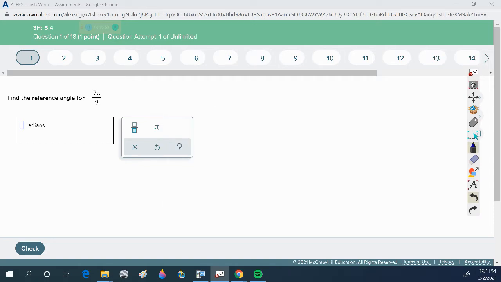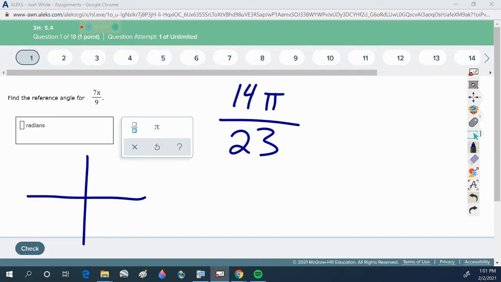Okay. What about 14 pi over, let's say, 23? Which quadrant does that land in? Two. How far is it to there? This is 23 pi over 23, and this is 0.